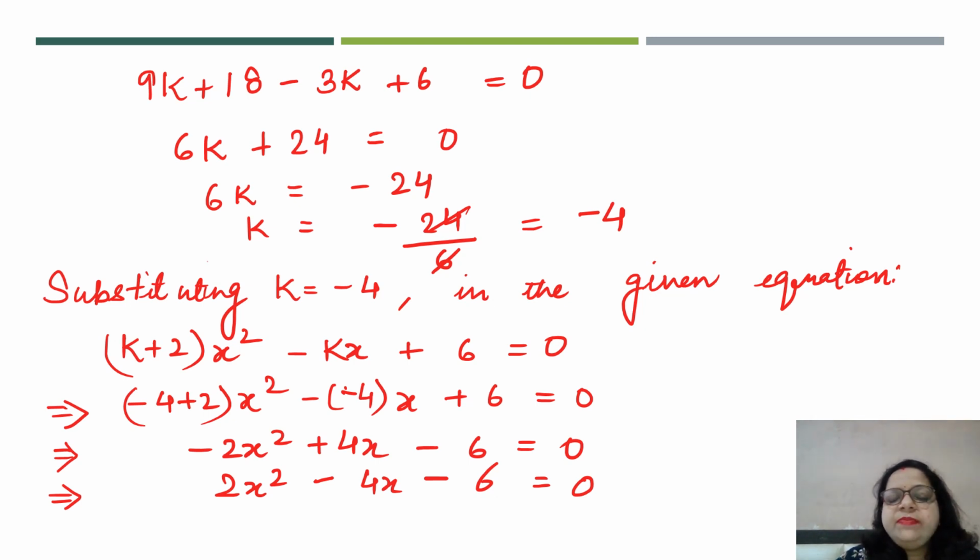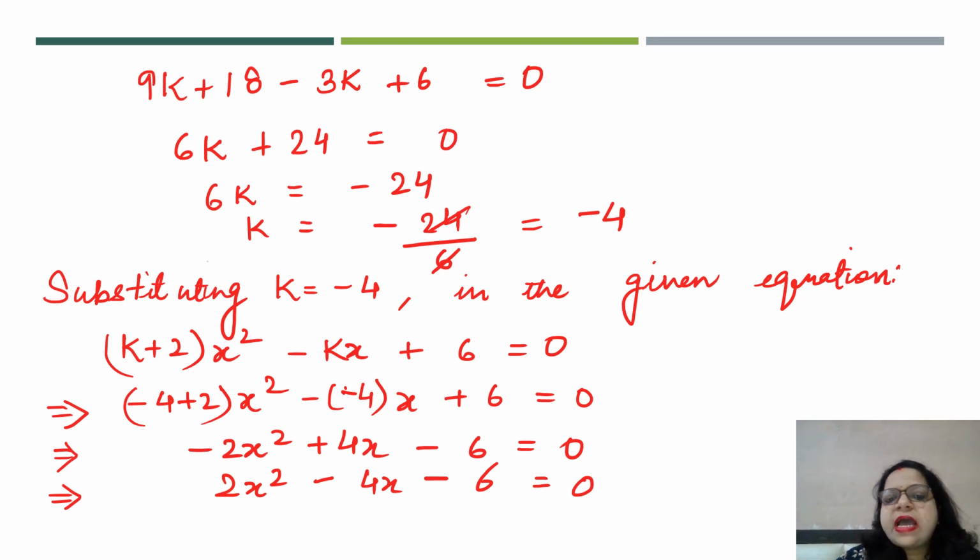We multiplied 9 by k plus 9 by 2, right? So we got 9k plus 18 minus 3k plus 6 is equal to 0. 9k minus 3k will give you 6k plus 24 is equal to 0. Then 6k is equal to minus 24, because when we take it to the right hand side, it becomes negative. k is equal to minus 24 by 6, which is minus 4.